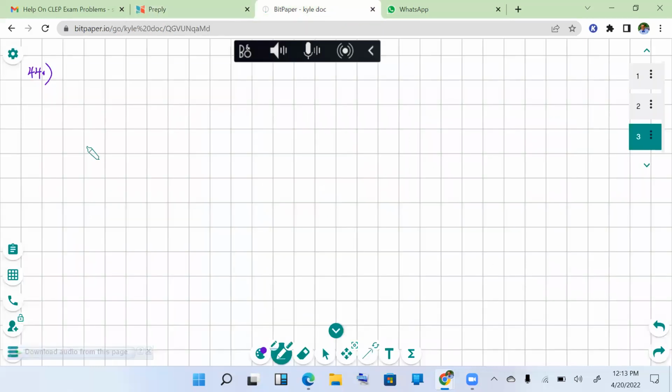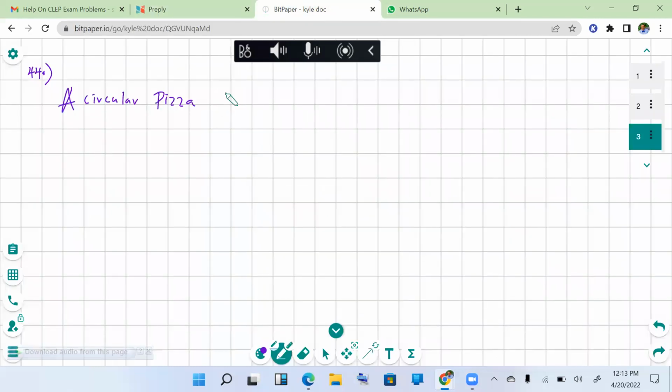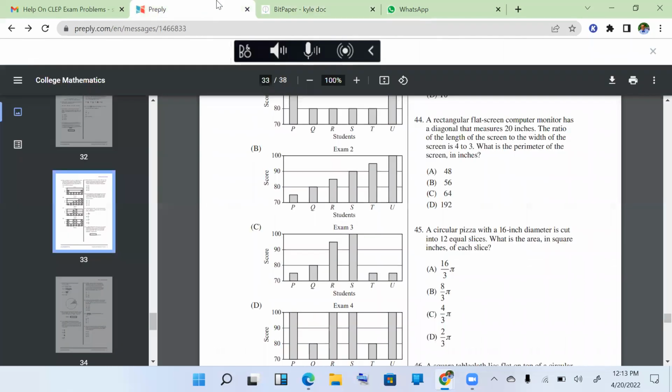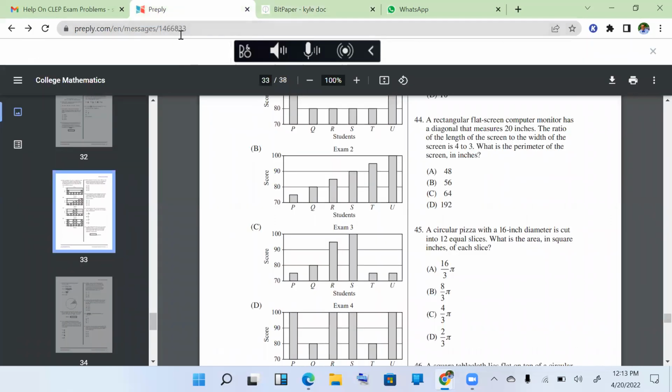So a circular pizza with a 16-inch diameter is cut into 12 equal slices. So what is the area of each slice?